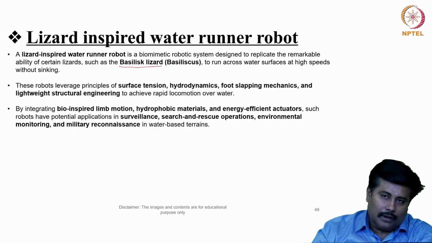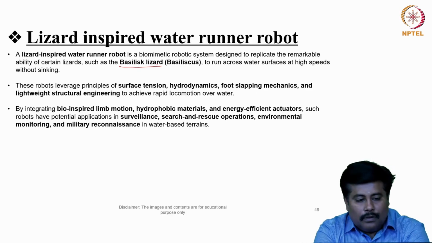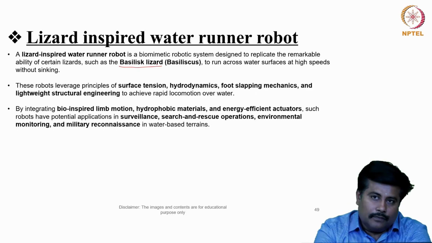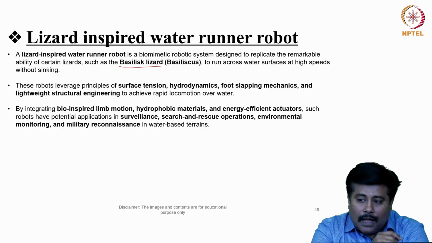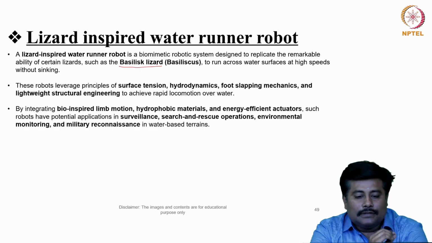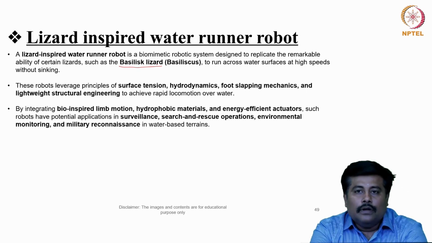It has the capability to run across the water surface at high speed without sinking. These robots leverage principles of surface tension, hydrodynamics, foot slapping mechanics, and lightweight structural engineering to achieve rapid locomotion over water.